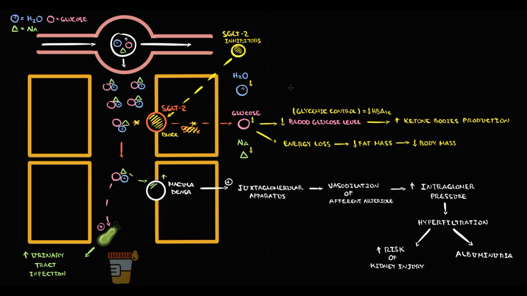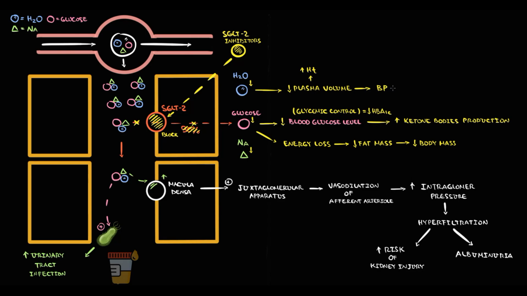Because we reabsorb less glucose and sodium, the reabsorption of water decreases. This causes a decrease in plasma volume that straight away causes an increase in hematocrit. Also, decrease in plasma volume causes decrease in blood pressure.